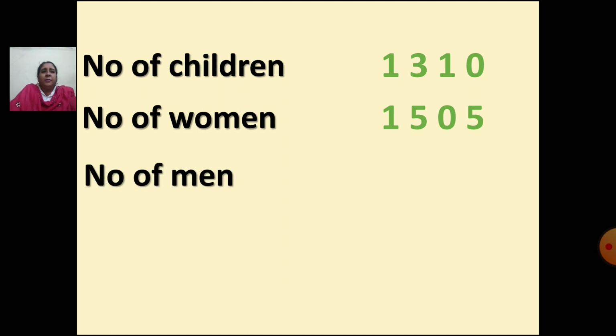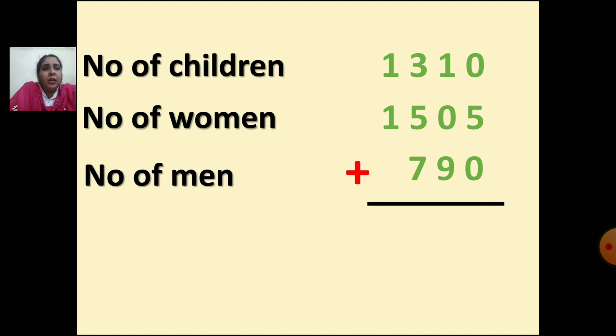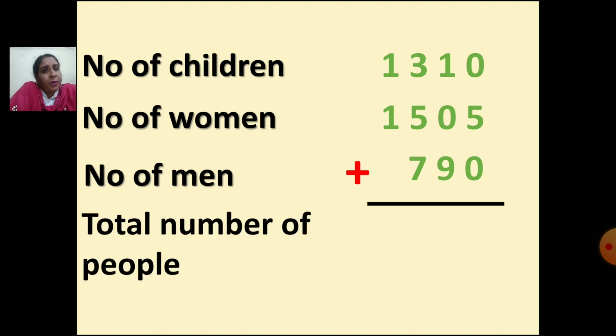What is the number? 790. Right? So, after writing this, what we have to find out? Fourth statement. Total number of people, right? So we have to find total number of people. So you will put plus sign, you will draw the line, and now you will add from units, tens, hundred, and thousands place. You will go on adding, right?